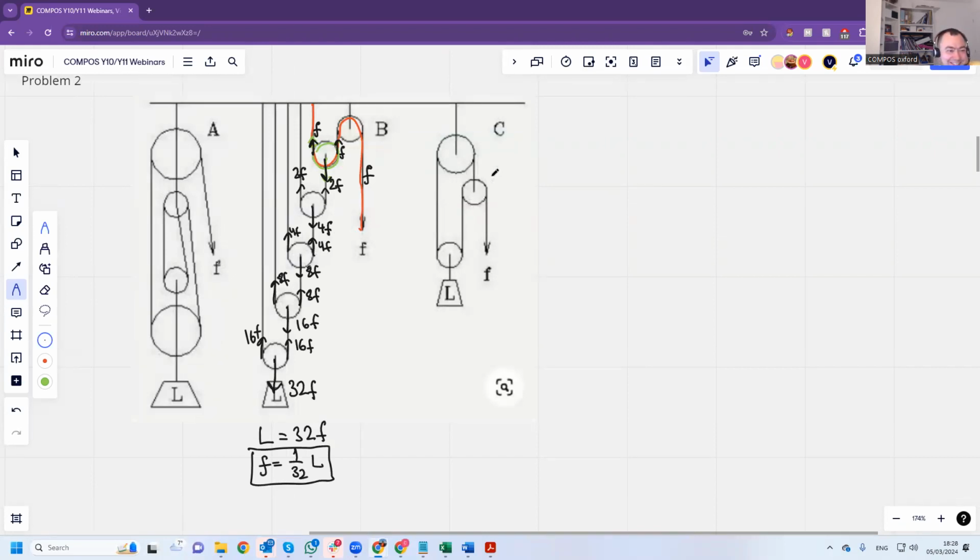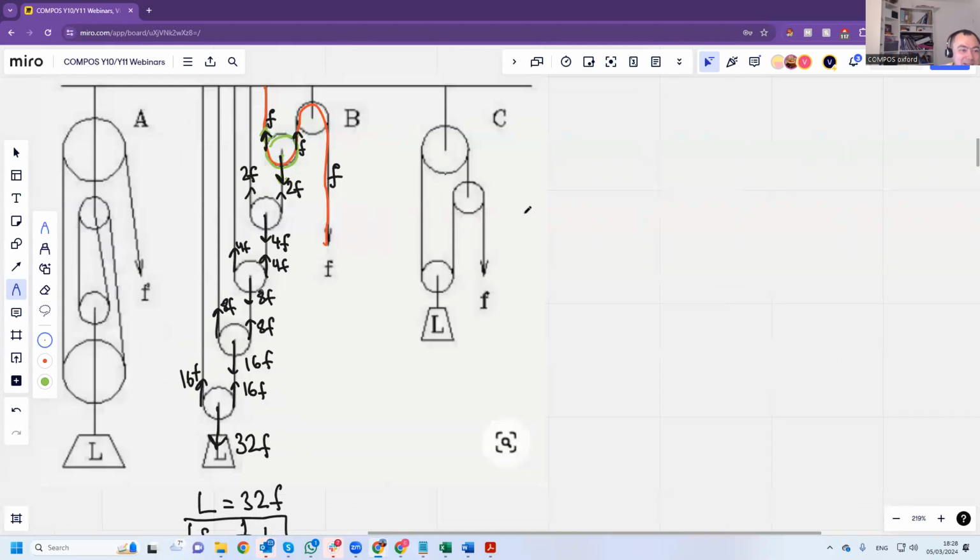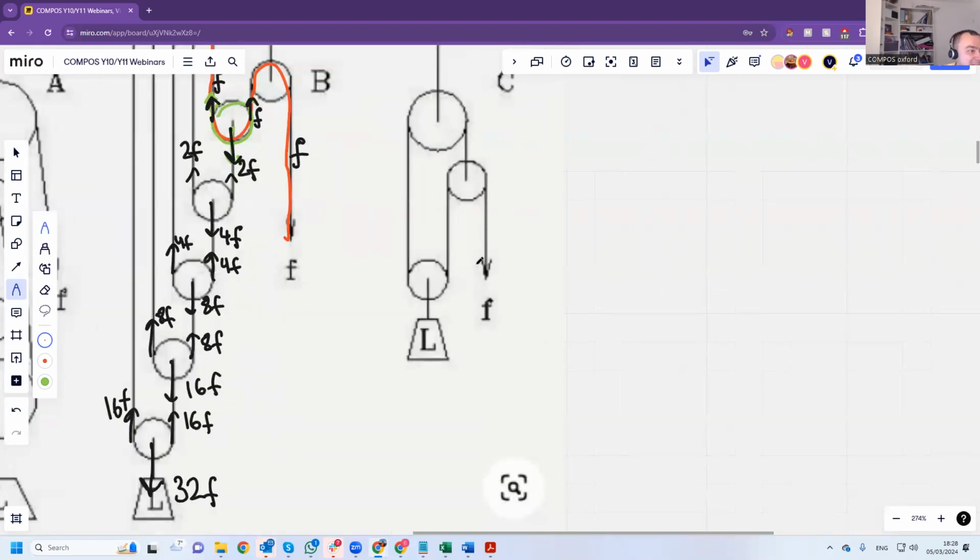Now let's go to C. As you can see, if you trace the rope, it's the same rope. So if this is F, and this is F, and this is F, this is F, then we have a problem.